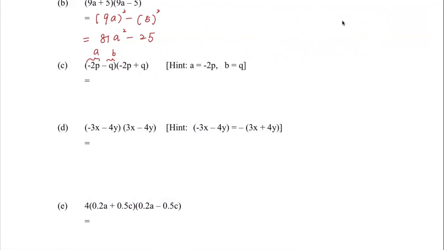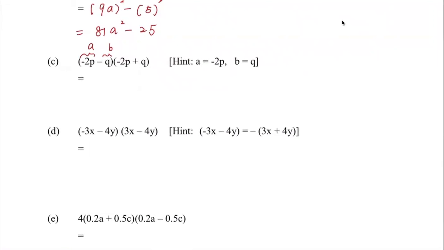So here, the answer should be minus 2p squared minus q squared, which is equal to 4p squared minus q squared.